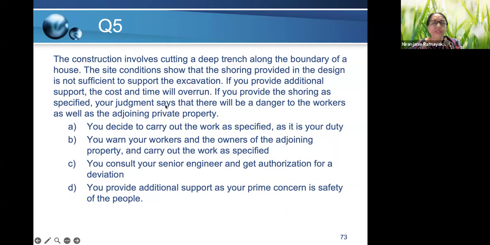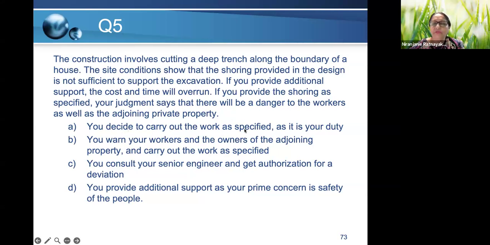If you provide the shoring as specified, your judgment says that there will be a danger to the workers as well as the adjoining private property. This is actually a real ethical dilemma, because are you going to go by the drawings or are you going to use your judgment and face consequences?